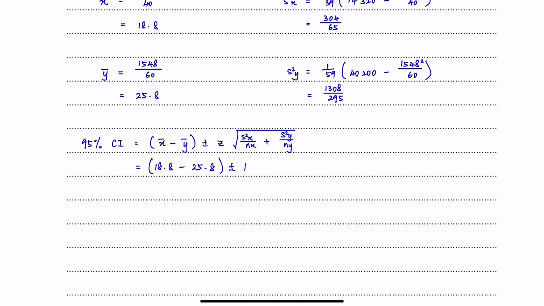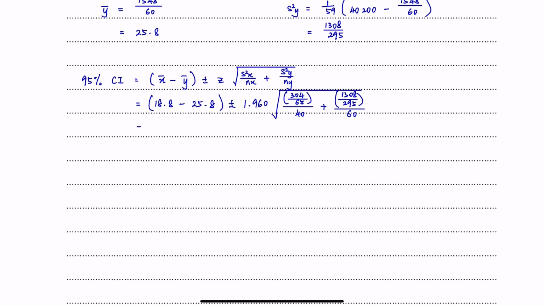So we have plus minus 1.960 times the square root of 304 divided by 65 over 40 plus 1308 over 295 over 60.